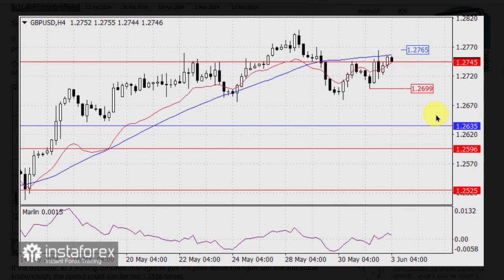On the 4-hour chart, the price has reached the resistance of the Kijun-Sen indicator line, 1.2765. The Marlin oscillator has settled in the positive territory.